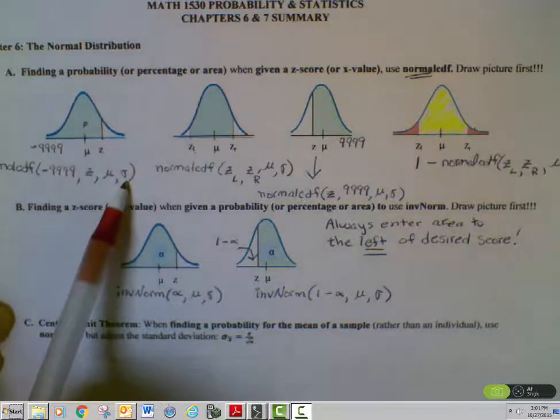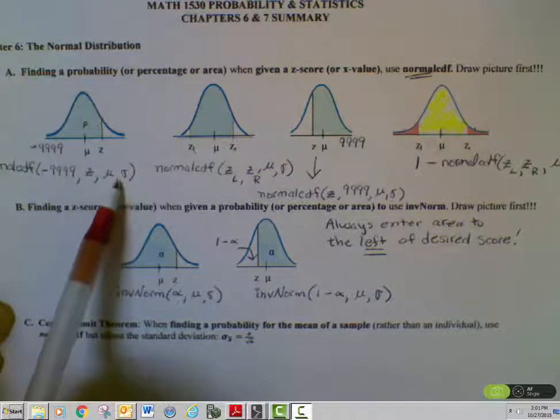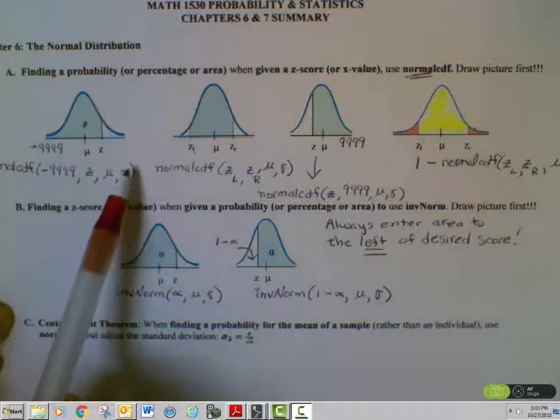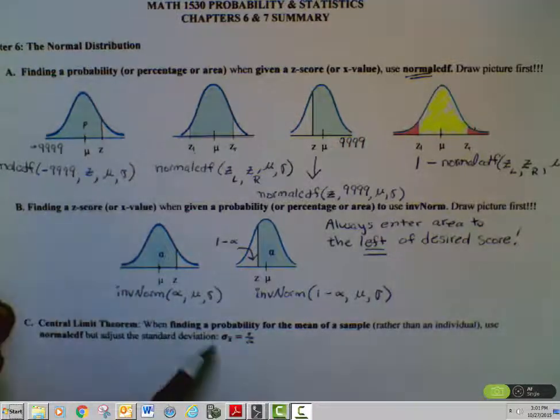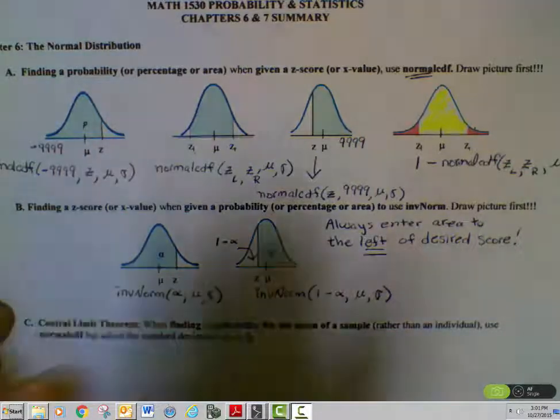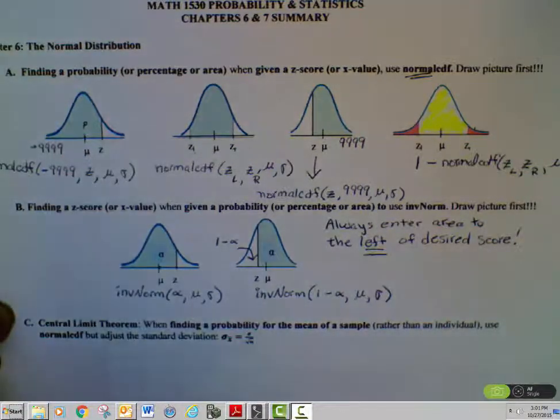But because I'm talking about a group of 70 instead of just an individual, I would have to divide that sigma by the square root of 70, the square root of the sample size. And that's all we did in chapter 6, either normal CDF to get an area or inverse norm to find a score. Pay attention to whether or not you need to adjust the standard deviation.